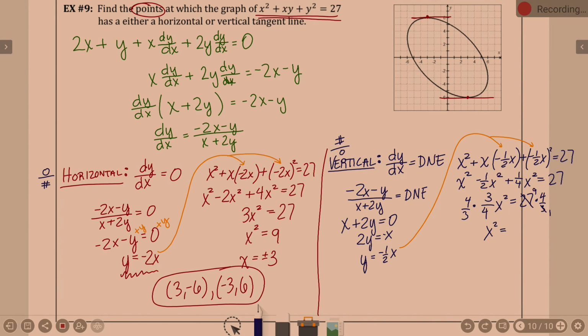And 9 times 4 is 36. x is plus or minus 6. Now, does that make sense? Yes?